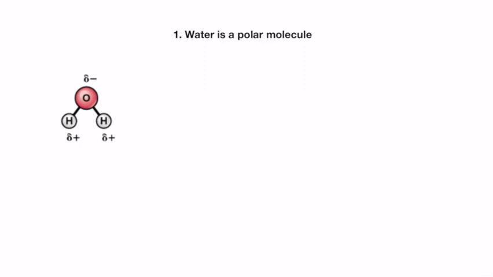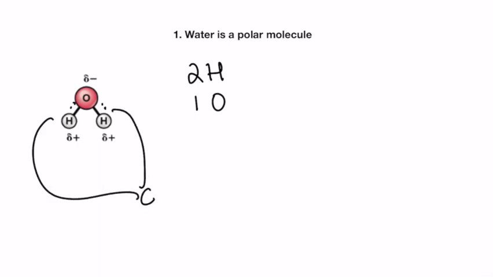Water is a polar molecule. Water is made out of two hydrogen atoms and one oxygen atom, and there are covalent bonds between the oxygen and hydrogen. So I'm going to call them CB, covalent bonds, which means that oxygen and hydrogen share a pair of electrons between them.